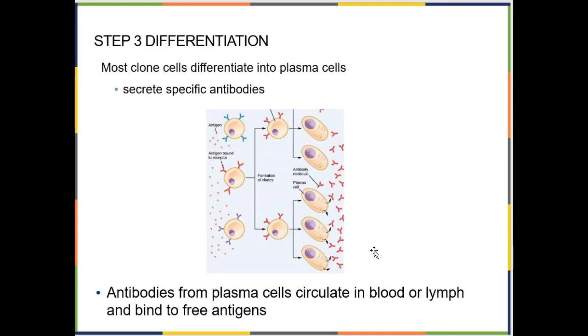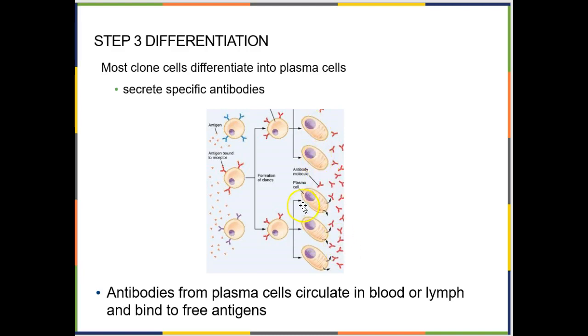So now we have this clone, and those genetically identical clones are going to become functionally different. They are going to differentiate. Most of them differentiate into what are called plasma cells, and the plasma cells here you can see secrete the antibody. So this is now a different class of antibody. It might be IgA, it might be IgG or IgM, it doesn't matter.